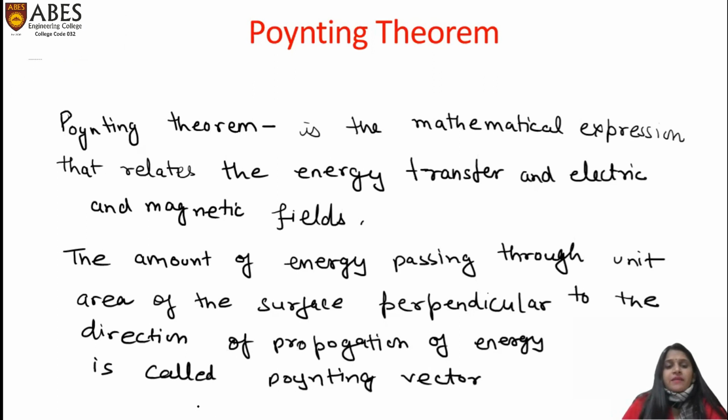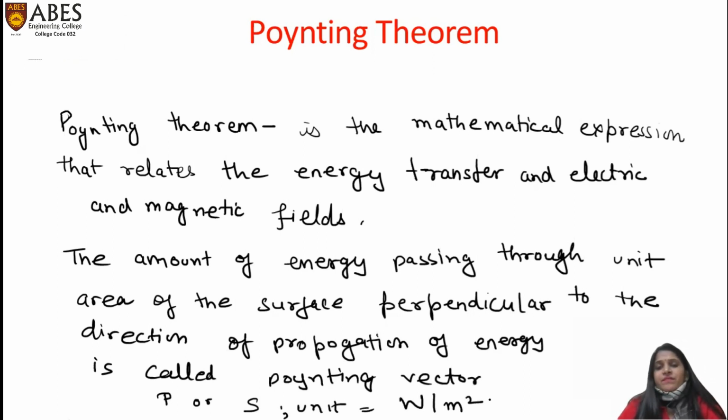The Poynting vector can be represented by P, and in some books it is represented as S. The unit of the Poynting vector is watt per meter square.